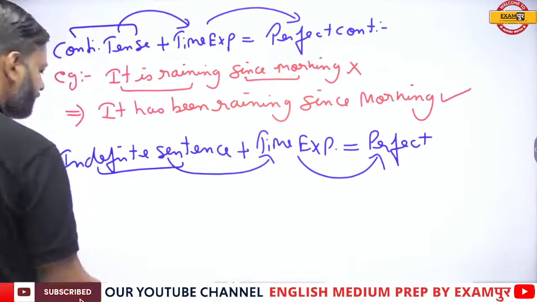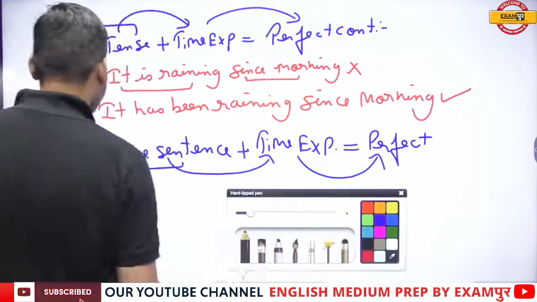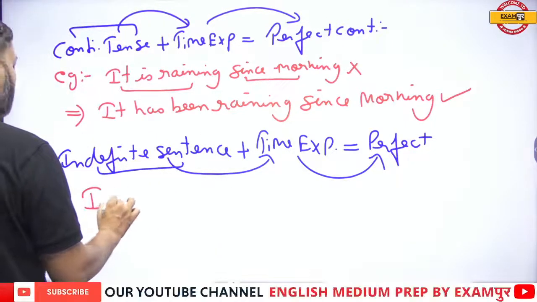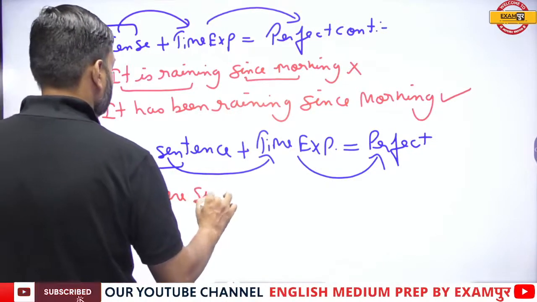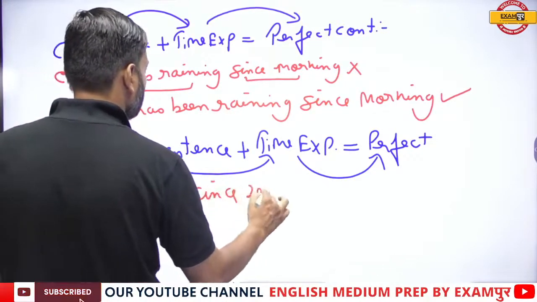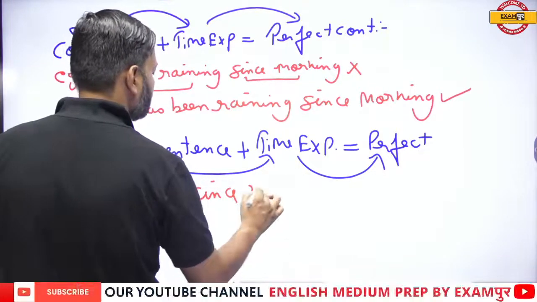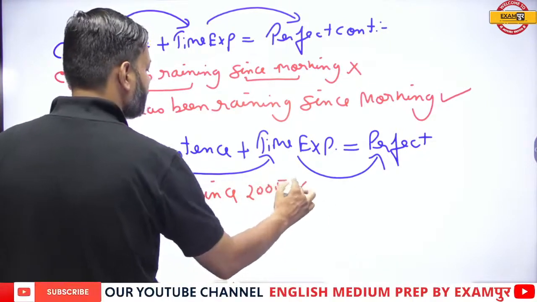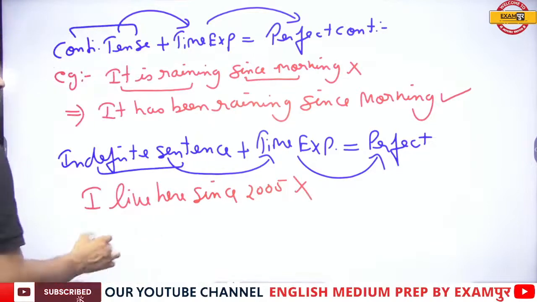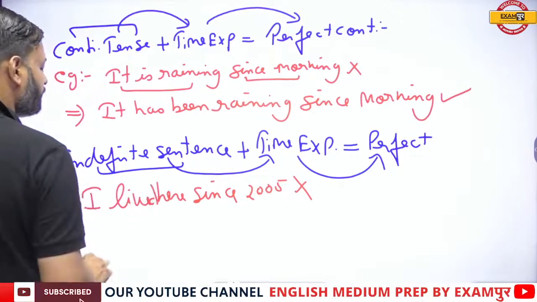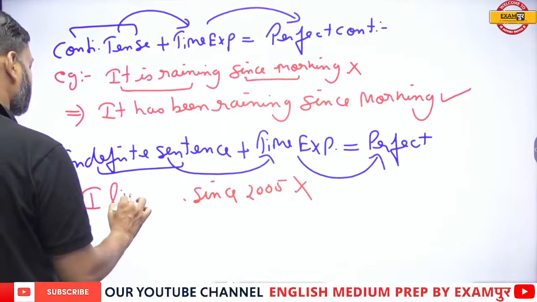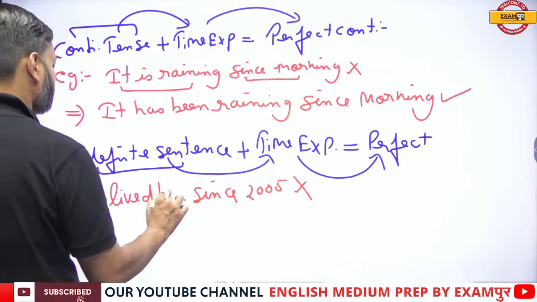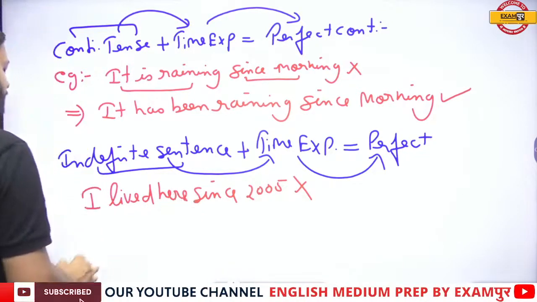So if I write "I lived here since 2005," this is wrong. It should be changed into perfect tense.